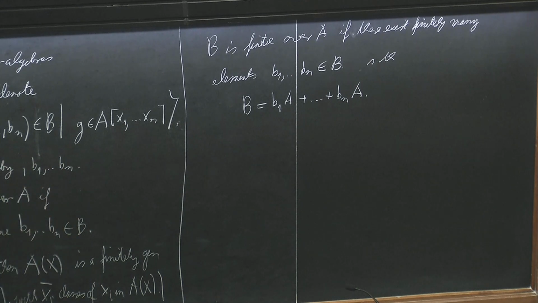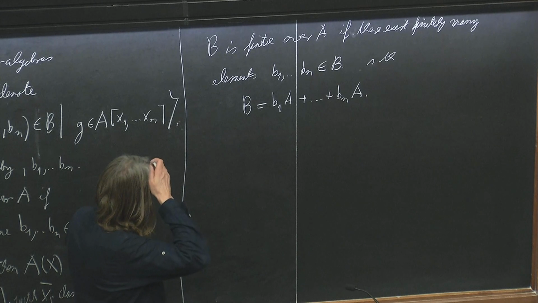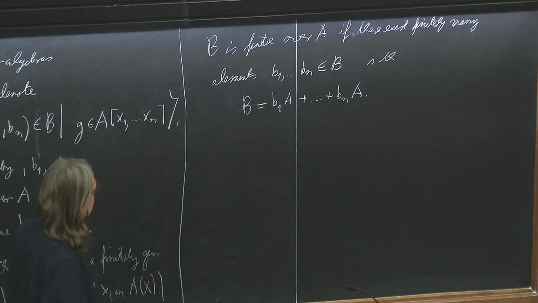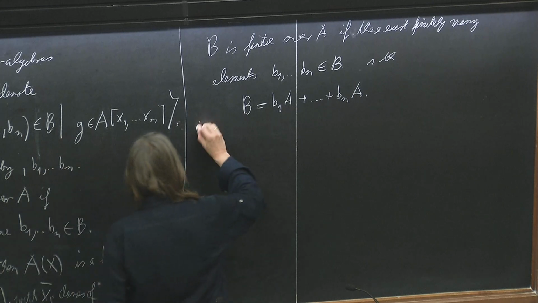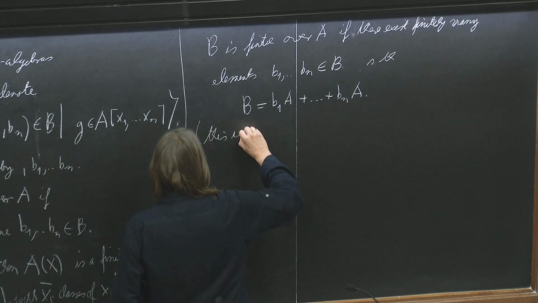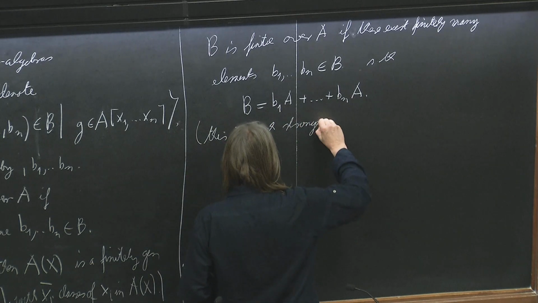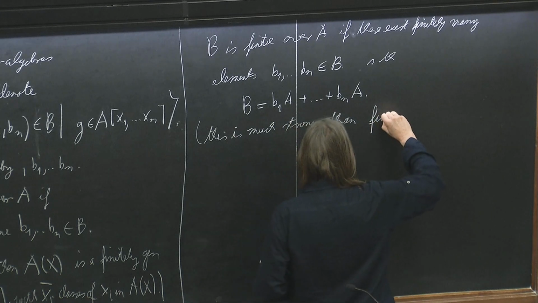For instance, a finite K algebra is just a finite dimensional K vector space, which is also an algebra. This is much stronger than finitely generated.